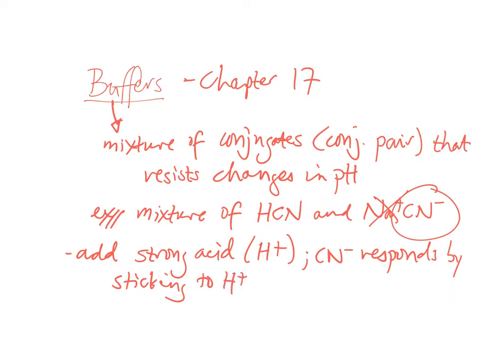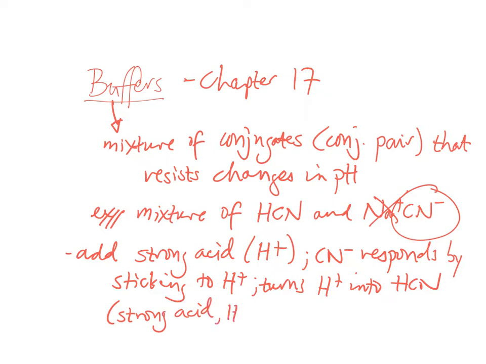And when it sticks to H+, it turns the H+ into HCN. And so essentially what we've done is a very strong acid, H+, has been converted into a very weak one.